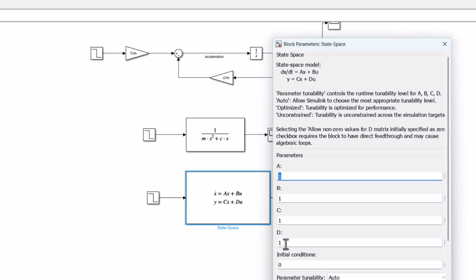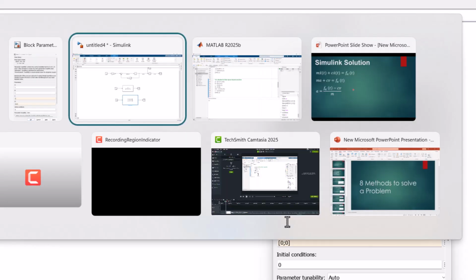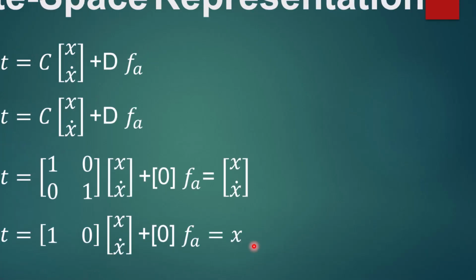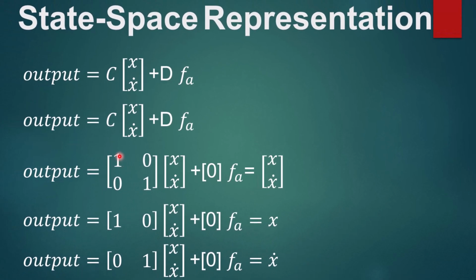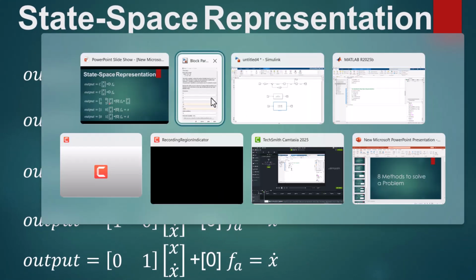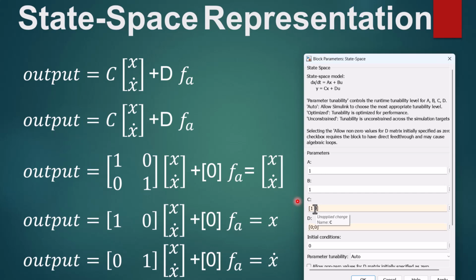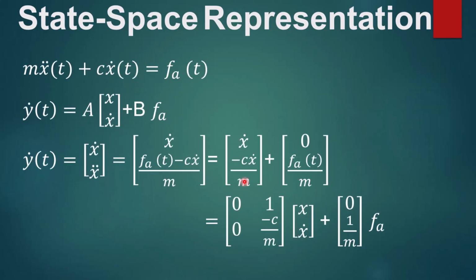A, B, C, and D have to be defined the same way as we did them before. So D was 0 and 0. I go back to see them. C was 1, 0, 0, 1. So 1, 0, 0, 1. How about A and B?